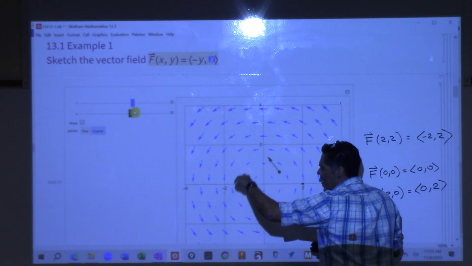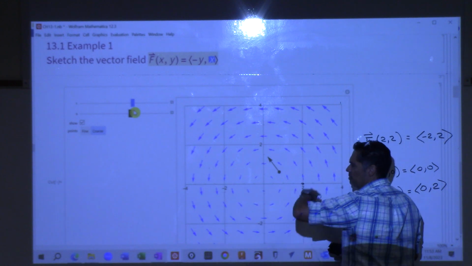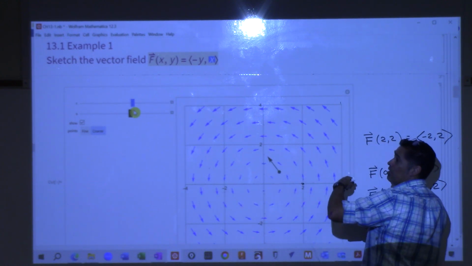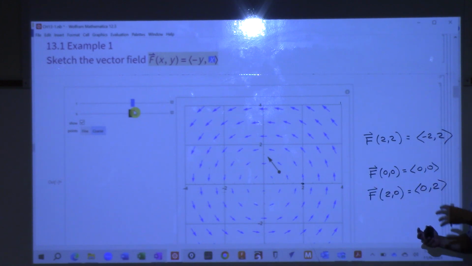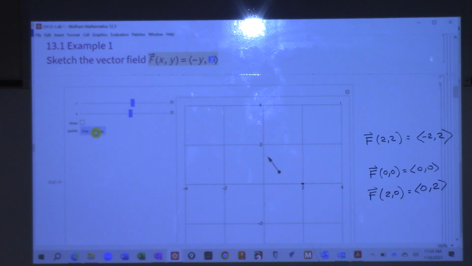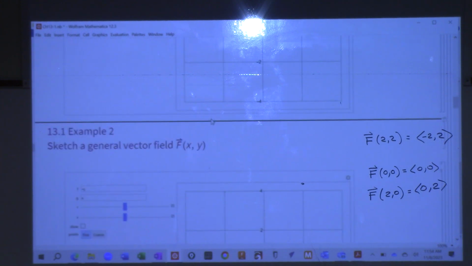You have this counterclockwise rotational look to the field, and the further away you get from the origin, the longer the vectors get. And then you can have the computer put more of them in there. Same thing, just more of them. All right, so there's your first example of a vector field. For every point in the space, you have a vector assigned to it.